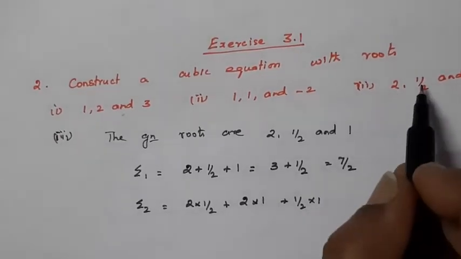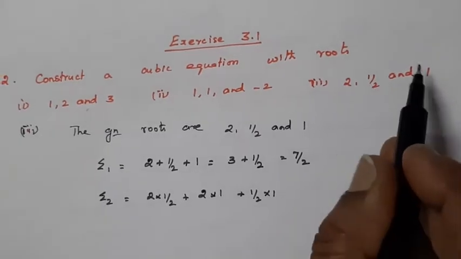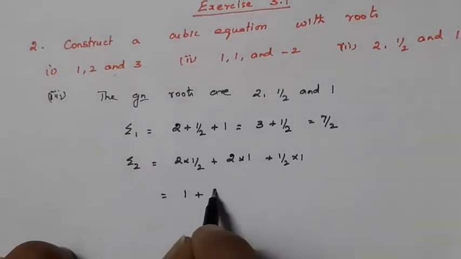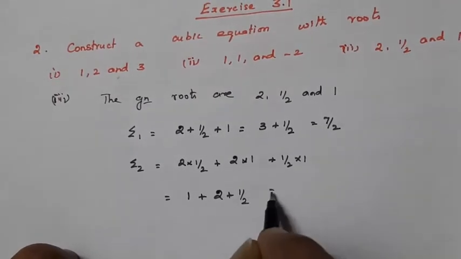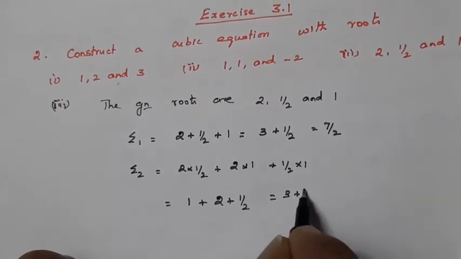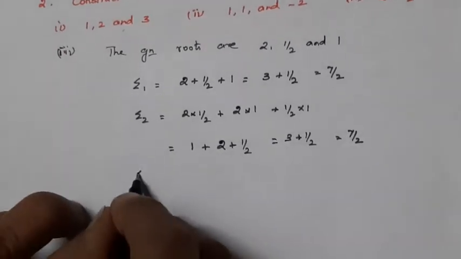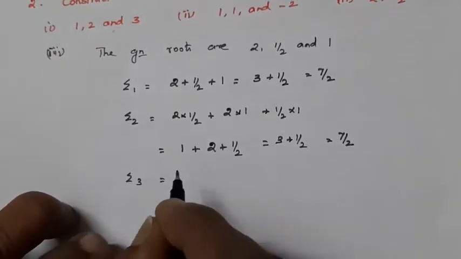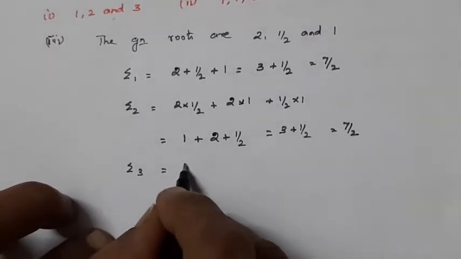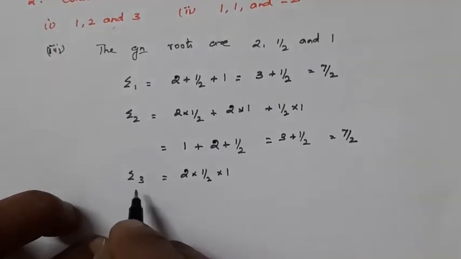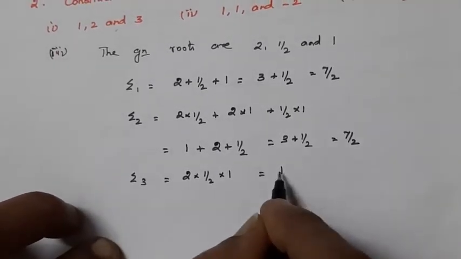First take 2 and multiply with the other 2, and then take the second root and multiply with the third root. So 2 into 1 by 2 is 1, plus 2, plus 1 by 2. Again this is 3 and a half, that is 7 by 2. Then sigma 3 is the product of all the 3 roots, because only 3 roots are given, so multiplying all three gives sigma 3 equal to 1.